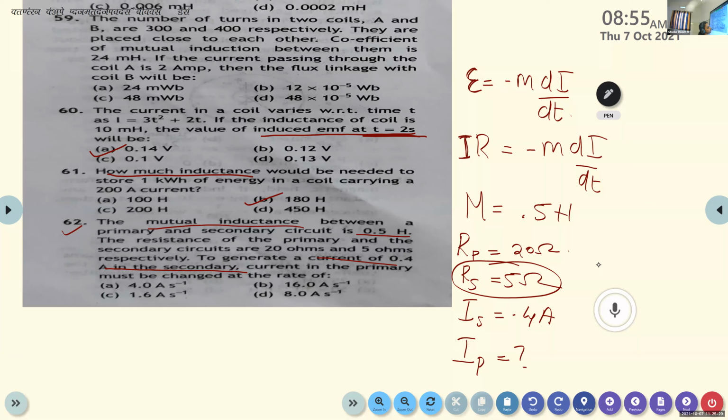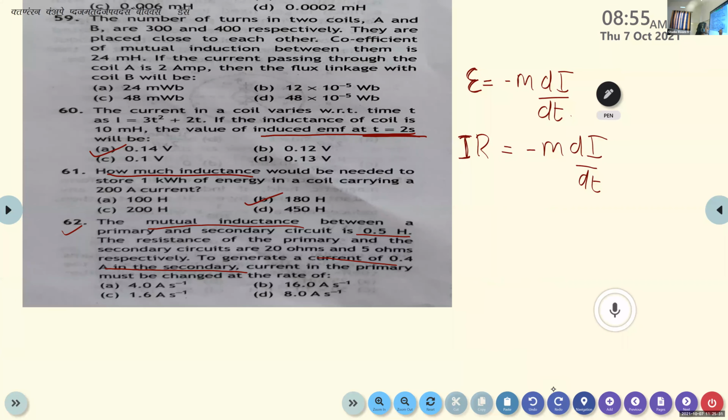So our equation becomes, here the current of the secondary coil is 0.4 ampere, and the resistance of the secondary coil is 5 ohm. So 0.4 into 5 is equal to the mutual inductance, whose value is given as 0.5, into di by dt, that is the rate of change of current in the primary.